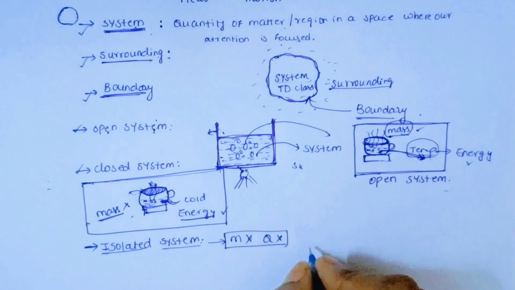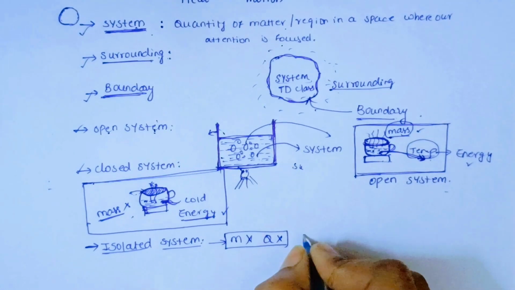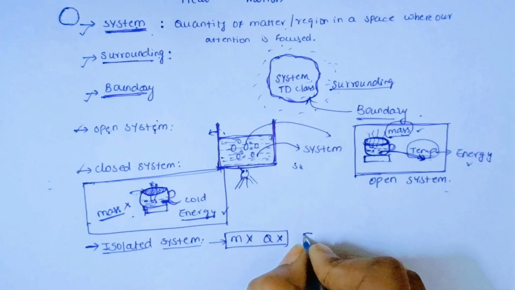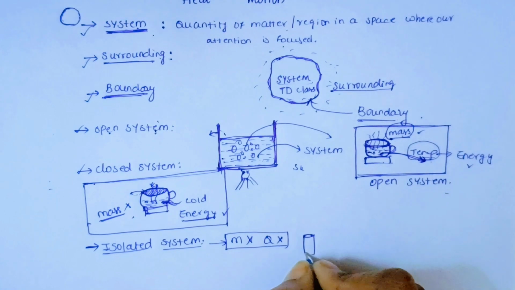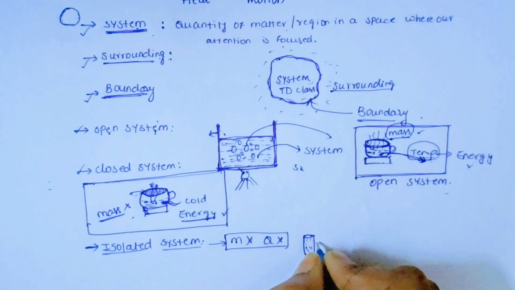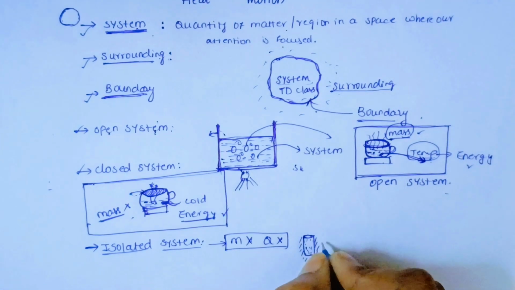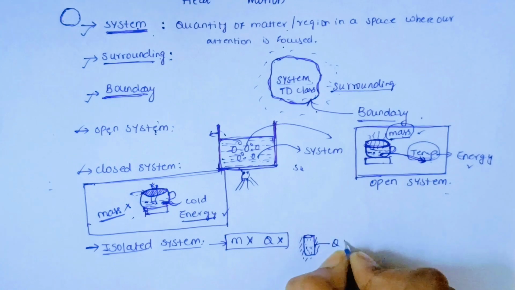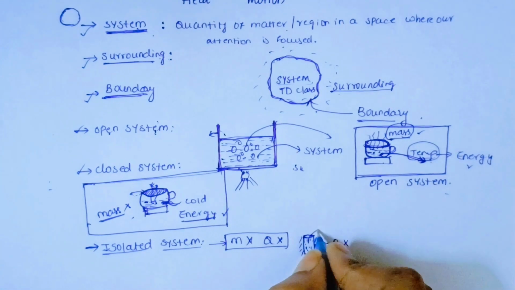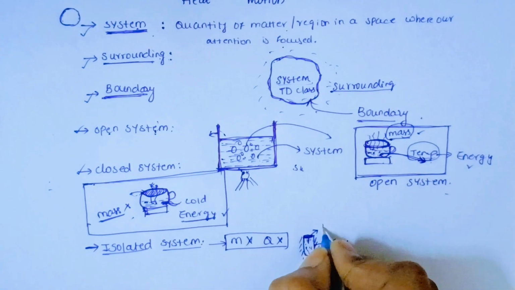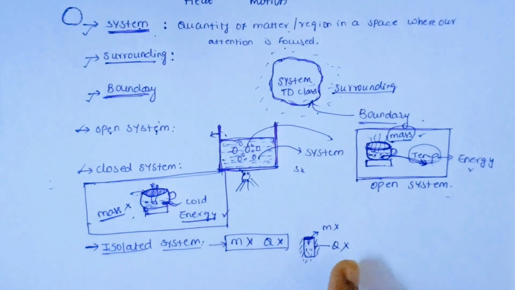We can take a thermoflask as an example. When we want to drink hot water, we pour it into a rigidly insulated container, so no heat transfer will occur, and because the gap is closed, no mass transfer will occur.